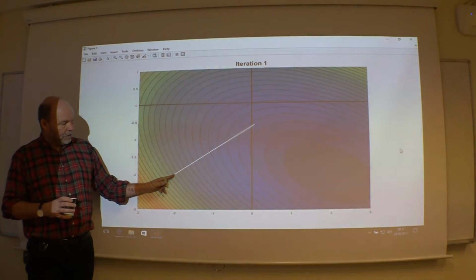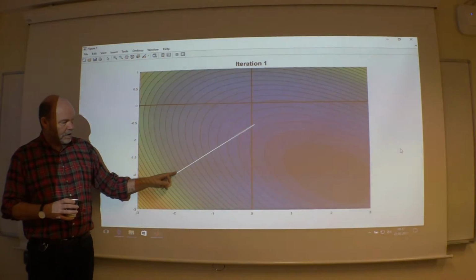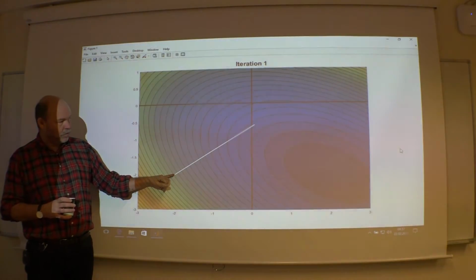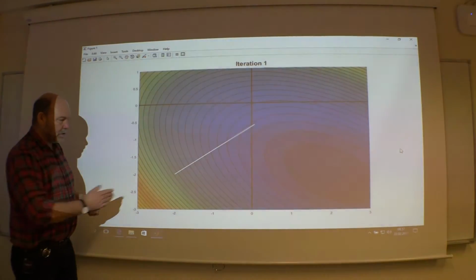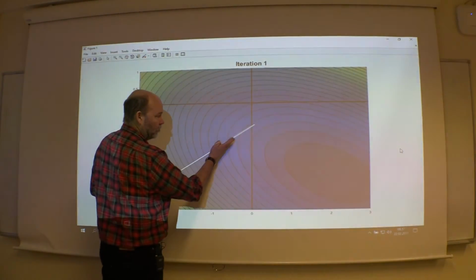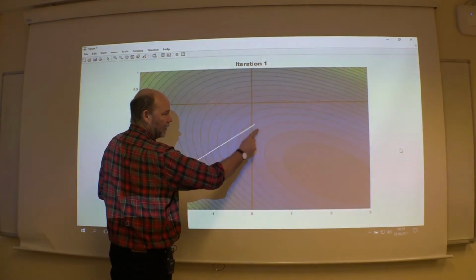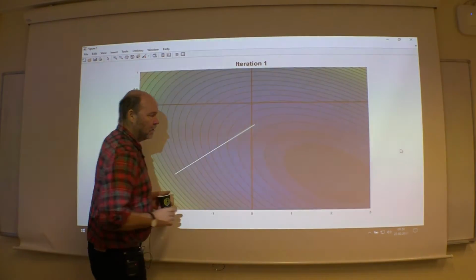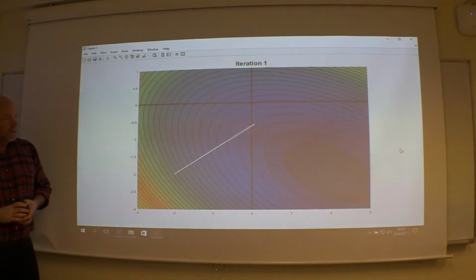Now in the starting point you first calculate the local gradient, so you get the direction you are going to walk, and we are walking downwards. So you find the direction, and then you look in that direction all the way until you start to go up again, and then you find the next point.